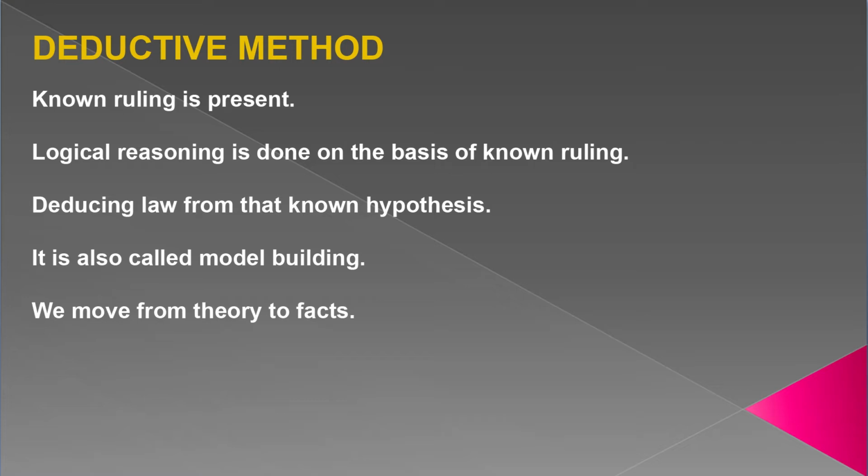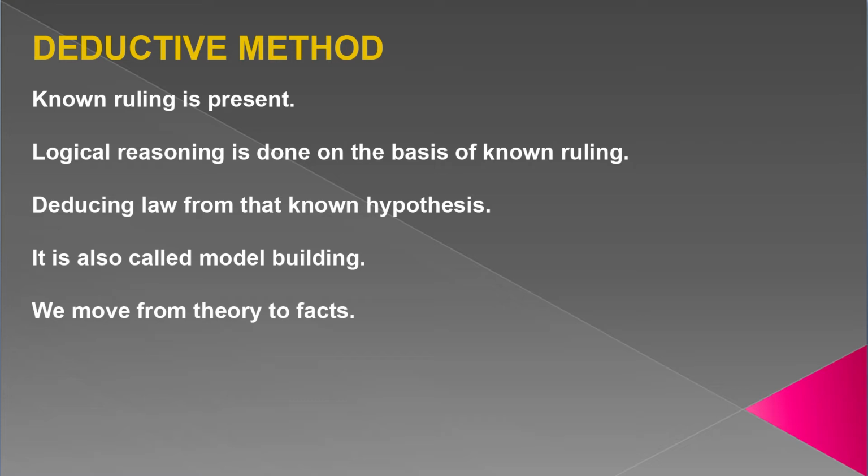This is called model building. In this model building, we move from theory to facts. Theory is already present, and in the presence of theory, we start collecting facts. For example, there is a general principle that people want to make best use of money.